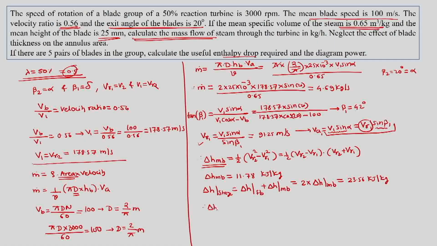So there is delta H total, since it is told that there are 5 rings, so 5 into delta H stage.